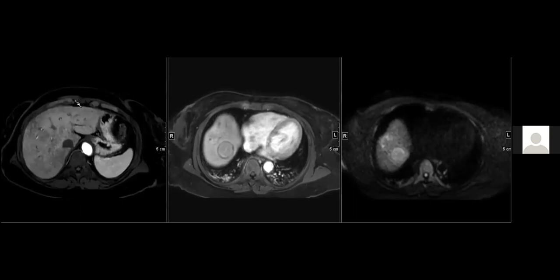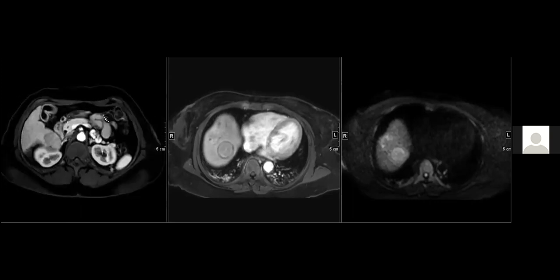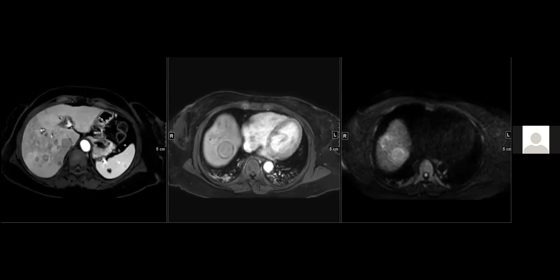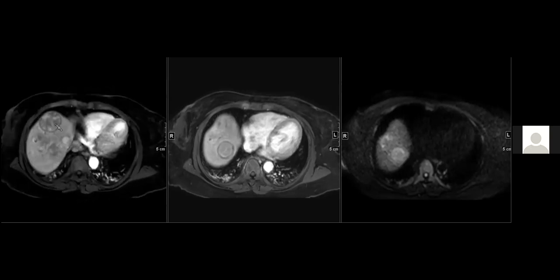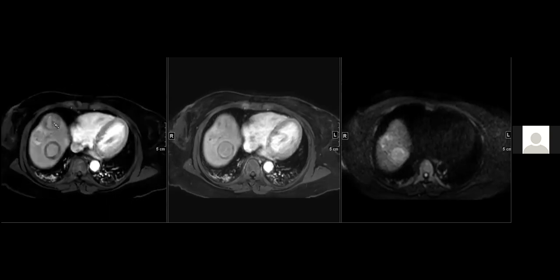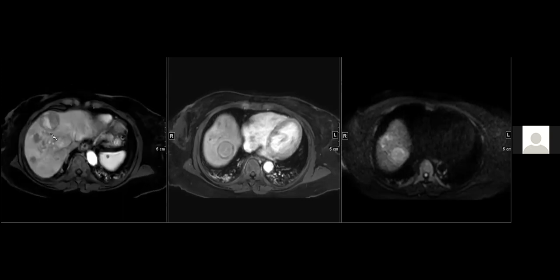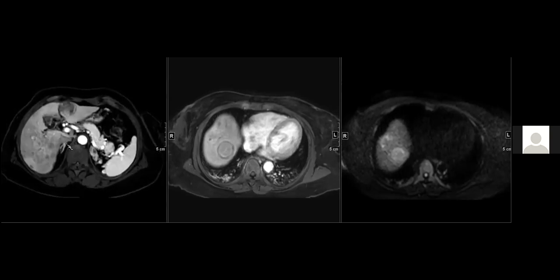So this patient had multifocal HCC, and it was miscategorized. It was a very nice mosaic appearance, but because of this, it was erroneously assumed to be an LR-M feature, and this was misinterpreted as metastases.